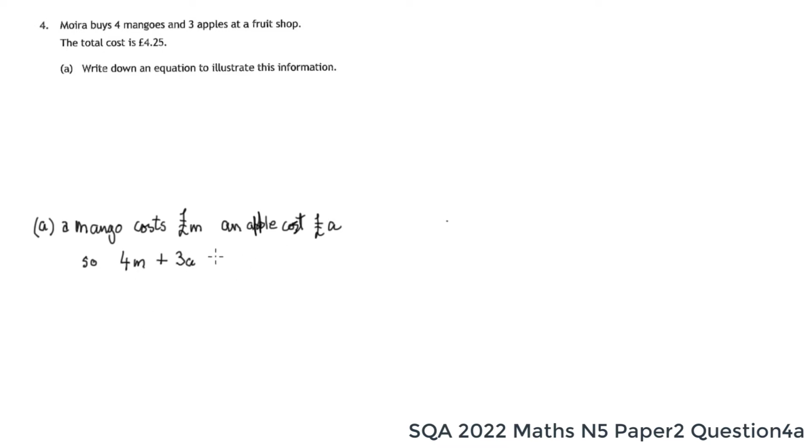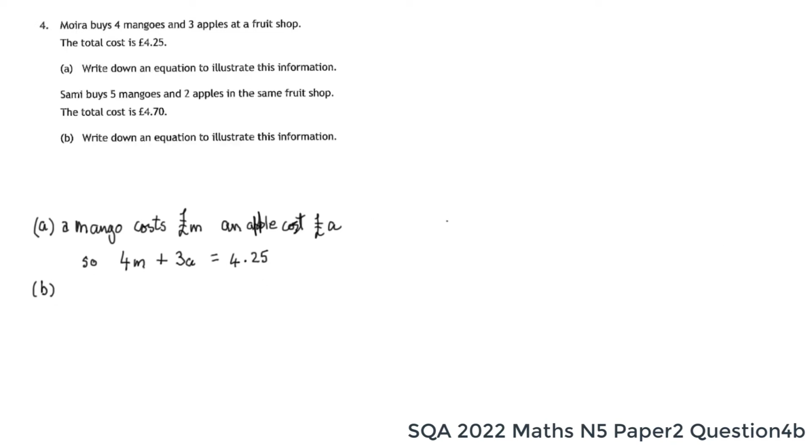So the total cost when we add these up is £4.25. Now we don't need to put in the pound signs all the time, because these pure numbers will equal this: this number plus this number will equal this number. So there we have an equation, and it illustrates that information.